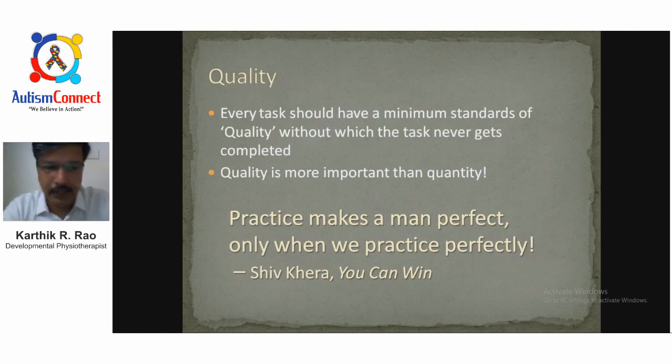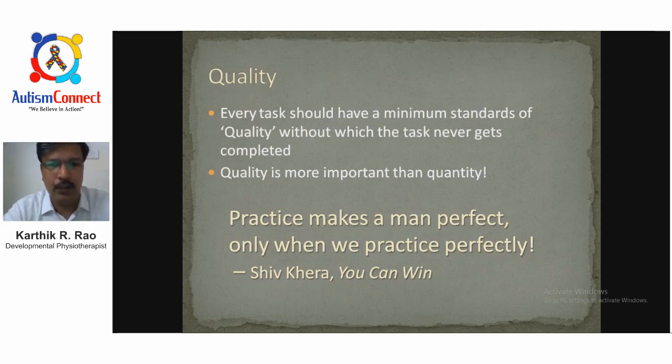The other thing which goes hand in hand with the task completion parameter would be the quality of the task. Every task should have minimum standards of quality without which the task never gets completed. As I had told you, every task should have a beginning, a process, and an end, which means the task should always move towards completion.